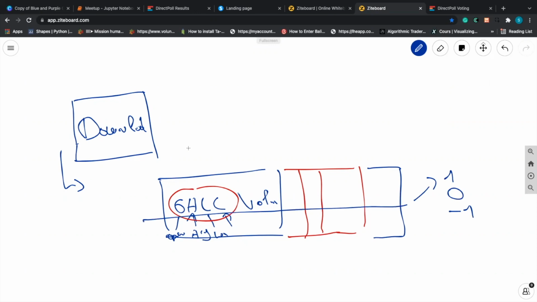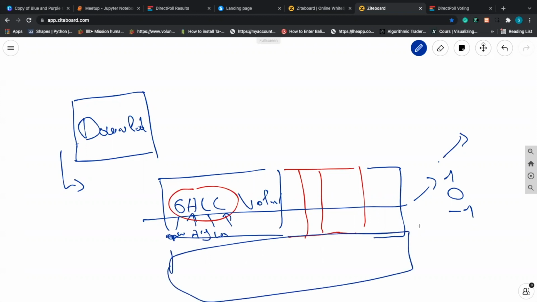Based on this, we are going to train the model, which means we are going to train the algorithm to understand by itself how to detect if the market is going to go high or go down when we get new market data at the end. And we're going to evaluate it at the end.